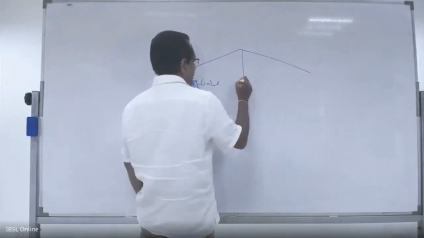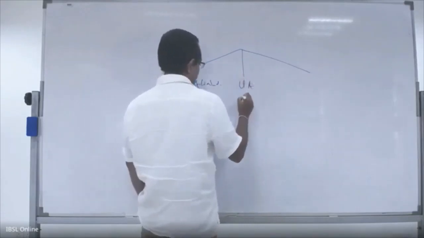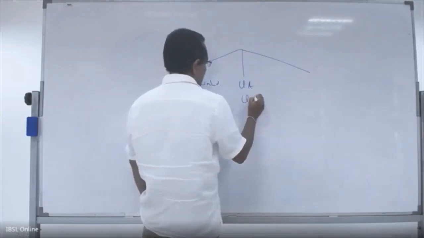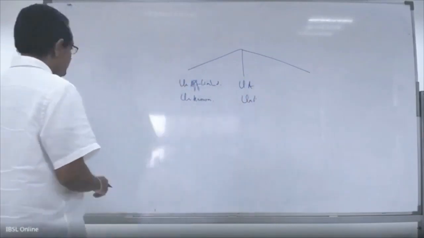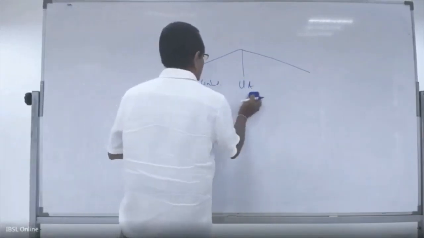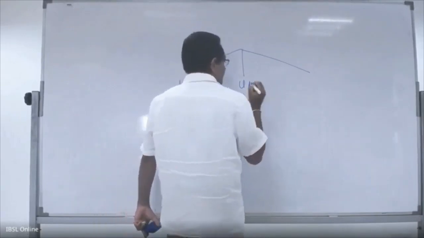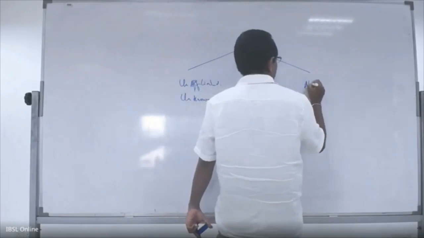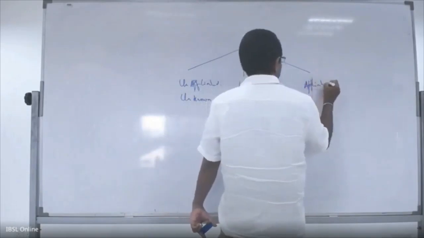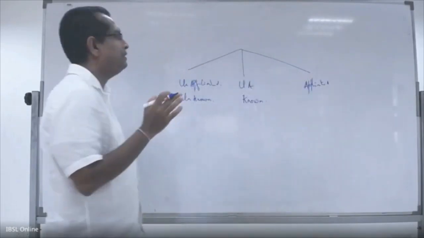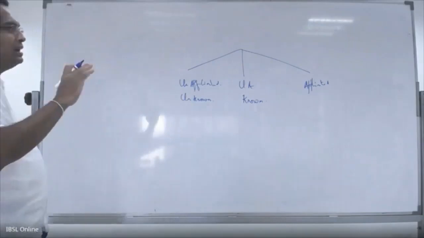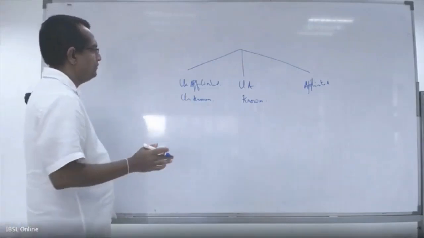Secondly, we have unaffiliated, known. Affiliated. Right? These are the three kinds of relationships we can have.